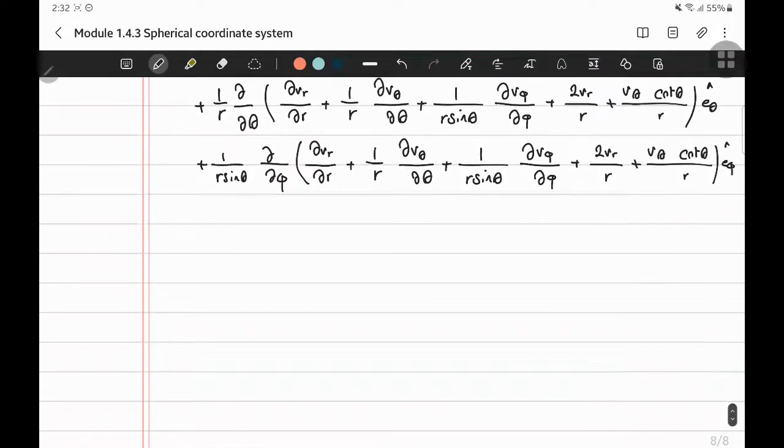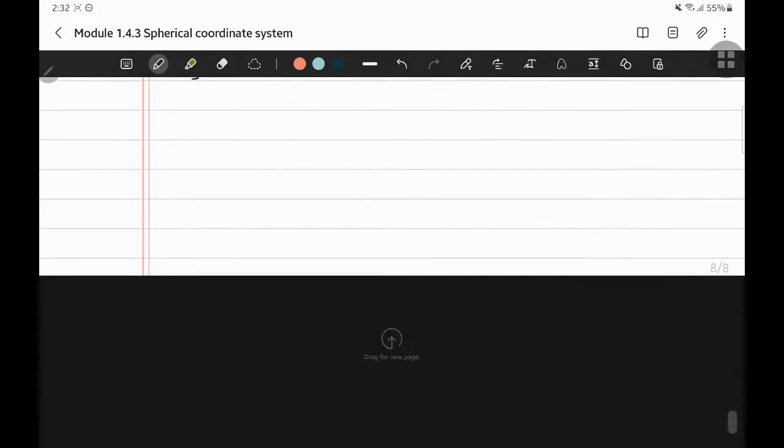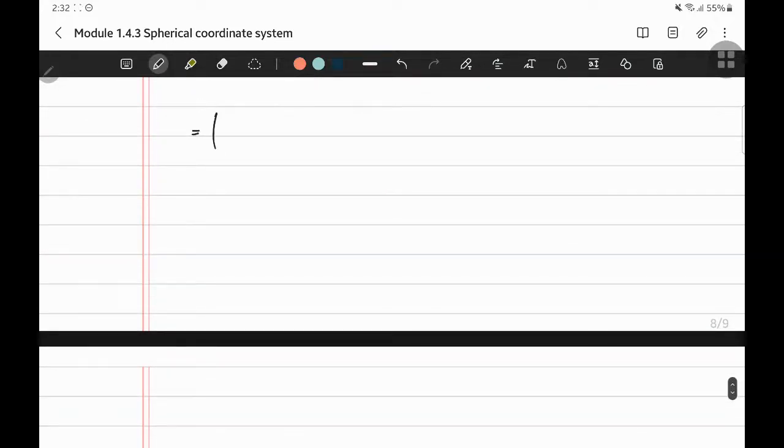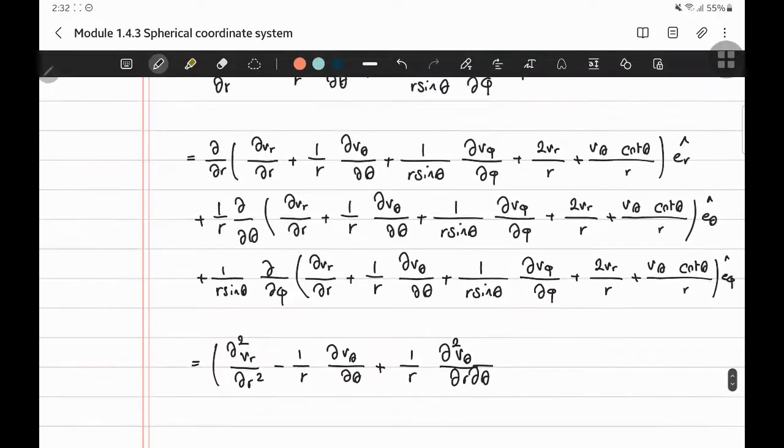If we further simplify this, we'll get something like the second partial derivative of VR with respect to r squared, minus 1 divided by r squared, partial derivative of v theta with respect to theta, plus 1 divided by r, second partial derivative of v theta with respect to r and theta. All of these come from here.